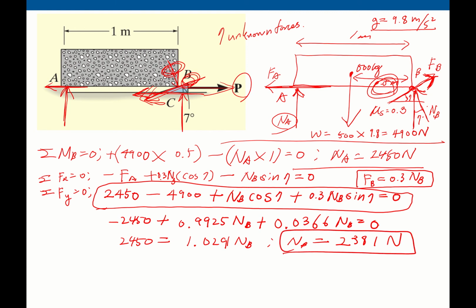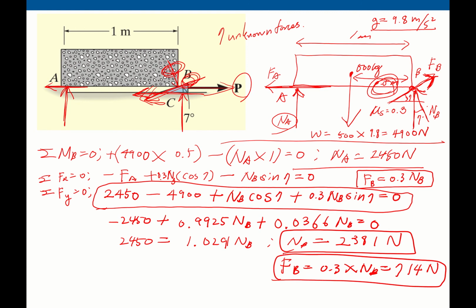So you can see that normal force B is equal to 2,381 Newton. So frictional force B is 0.3 times normal force B, which is 714 Newton.